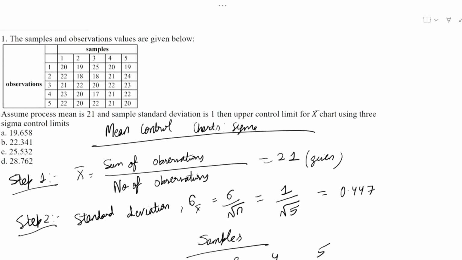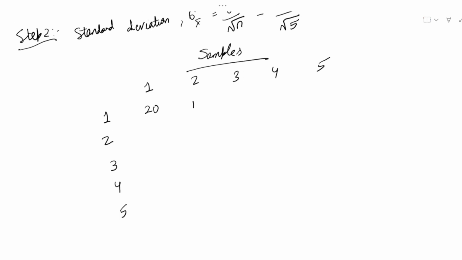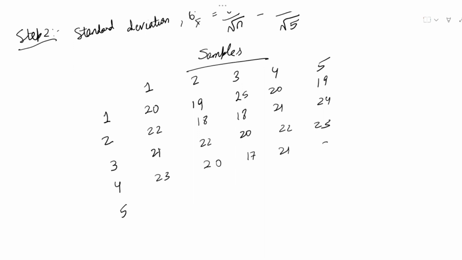These are the observations, 1, 2, 3, 4, 5. 20, 19, 25, 20, 19, 22, 18, 18, 21, 24, 21, 22, 20, 22, 23, 23, 20, 17, 21, 22, 22, 20, 22, 21, 20.